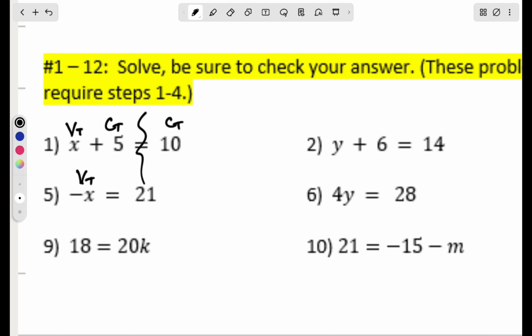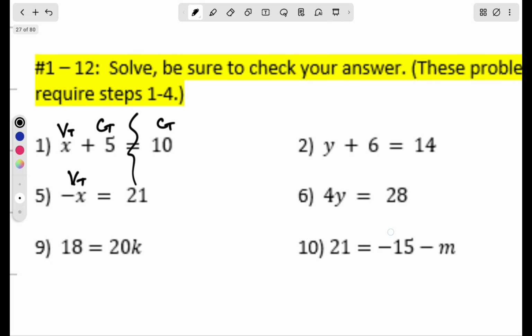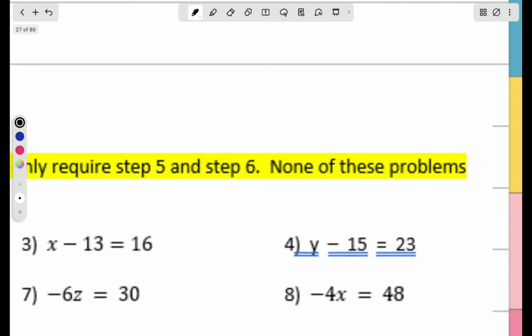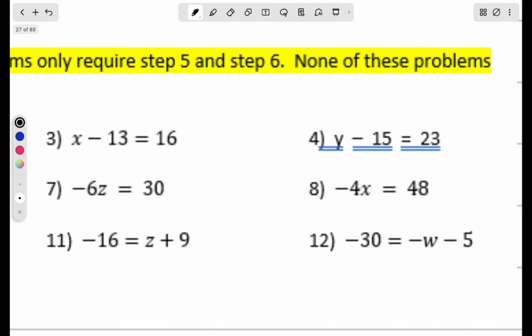The first step, we're going to call that regular letter a variable term. That'll keep down confusion. If you look at my instructions here, it says these steps only require 5 and 6. These are the 6 I want you to do. So take a picture of these 6 right here.